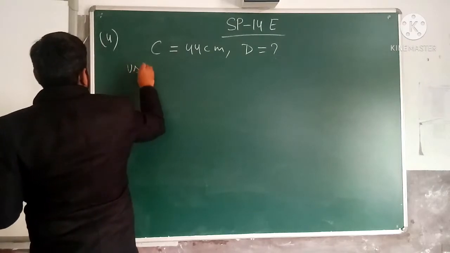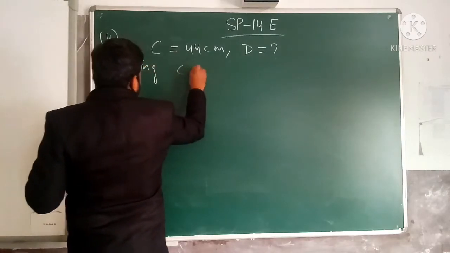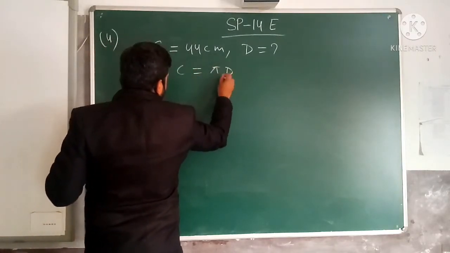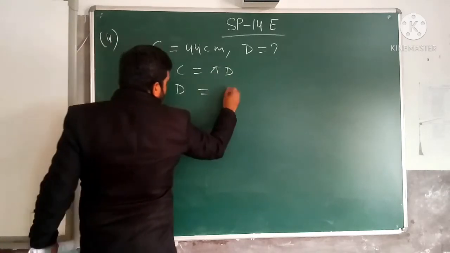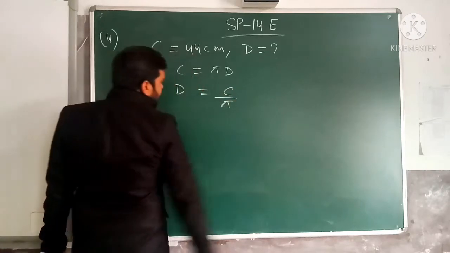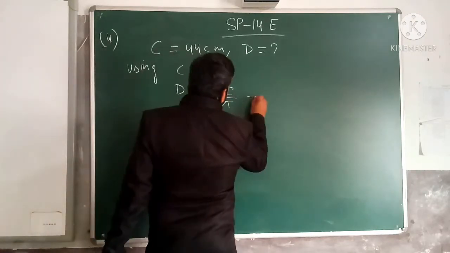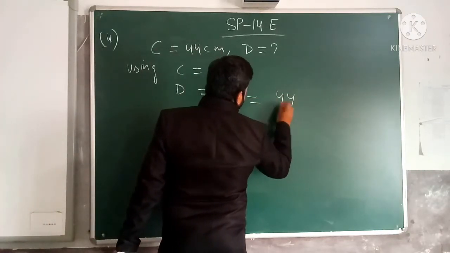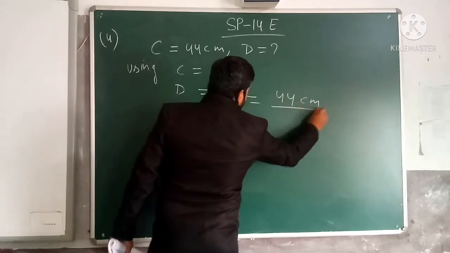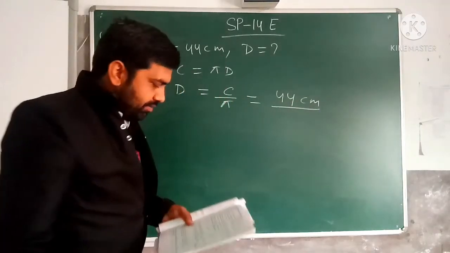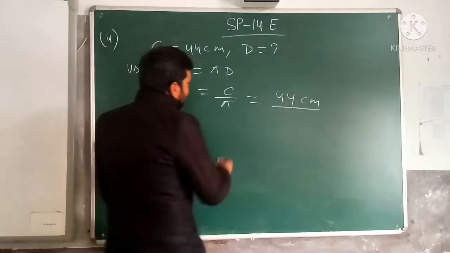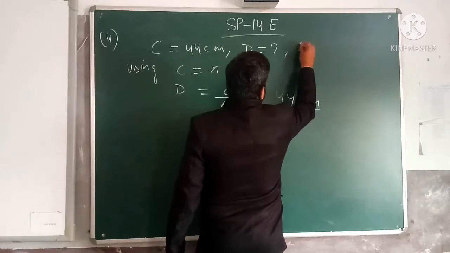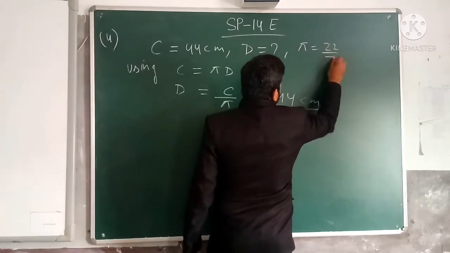So using C is equal to pi into d, we find diameter d is equal to C divided by pi. Divide the circumference by pi. Circumference given is 44 centimeter. And the value of pi you have to use, as the question says, is 22 by 7.